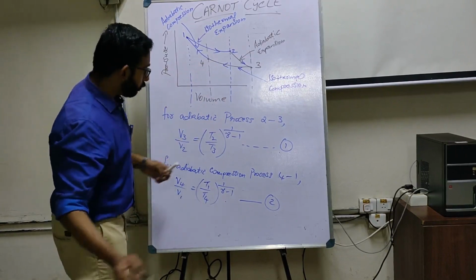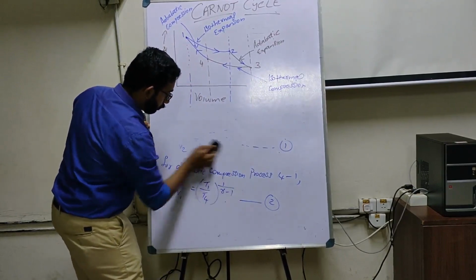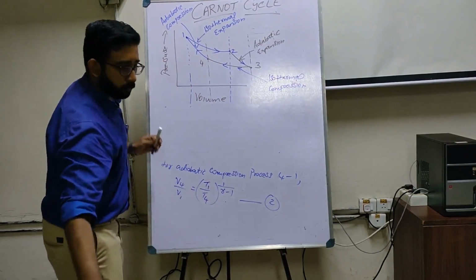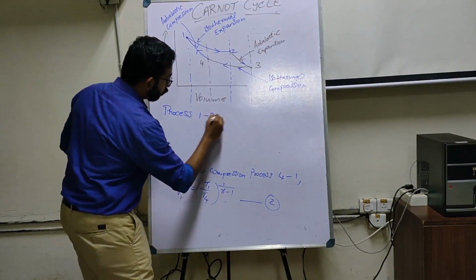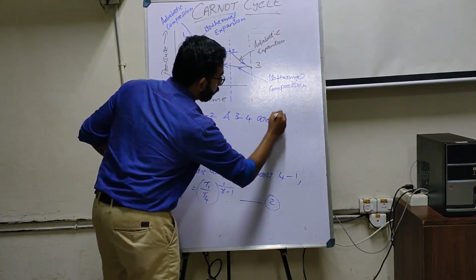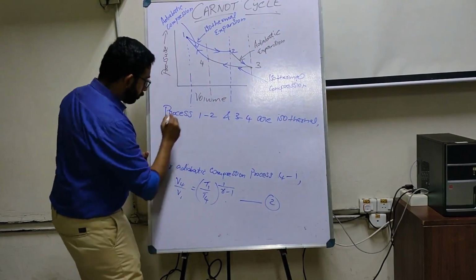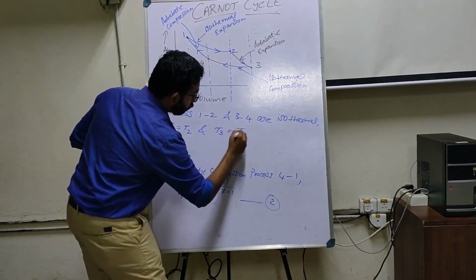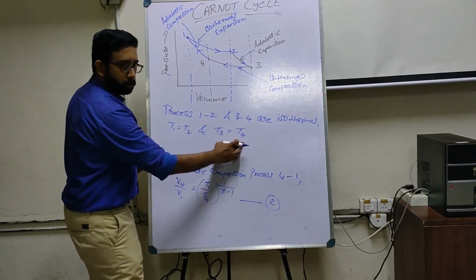Processes 1 to 2 and 3 to 4 are isothermal. That means T1 will be equal to T2 and T3 will be equal to T4. That is constant temperature process 1 to 2 and 3 to 4.